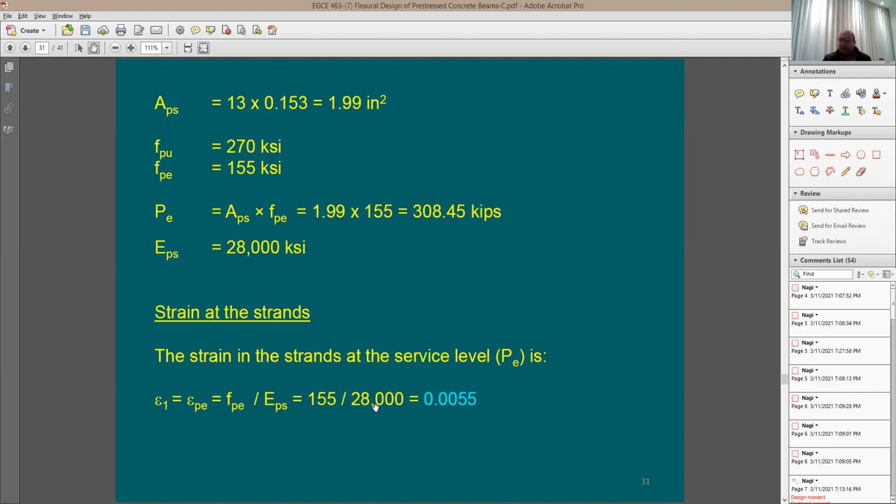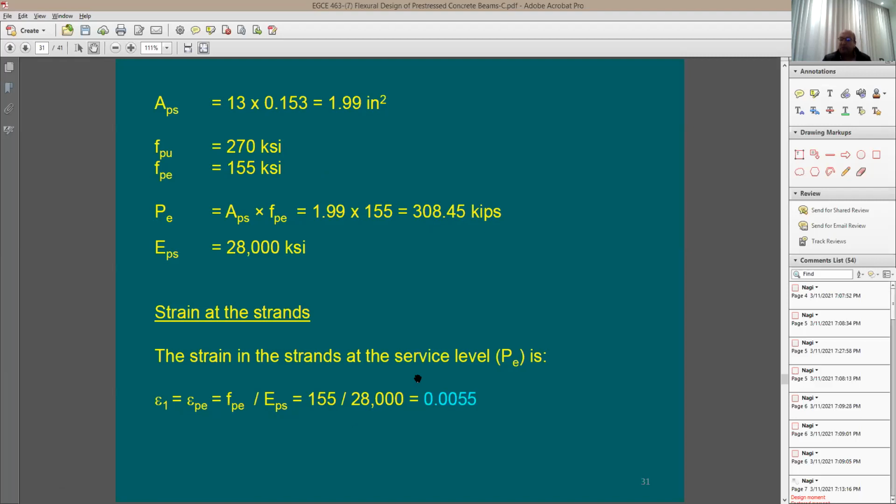Look at this. The strain here is going to be less, because look what happens when you take 155 divided by 28,000. Let's say here's the same force. You take this force and divide by the cross-section area.